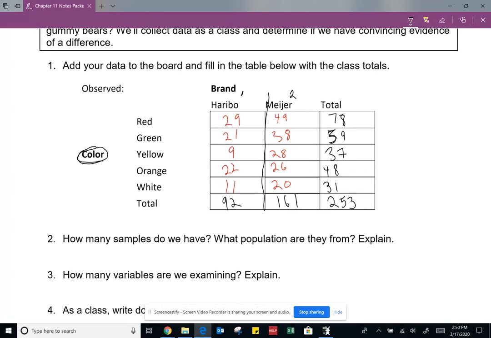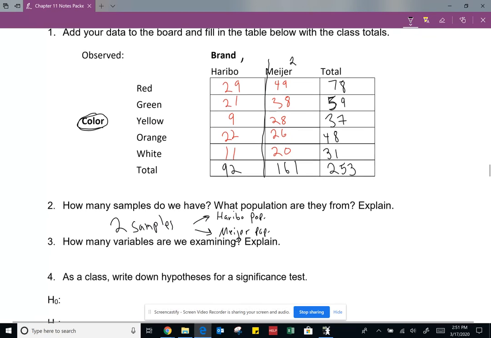How many samples do we have? Well, we just talked about this. We have 2 samples, and those are coming from 2 different populations. You have the Haribo and the other brand there. Perfect. So how many variables are we examining?